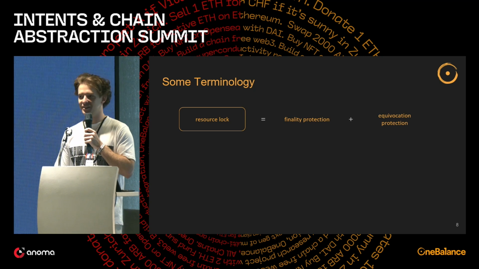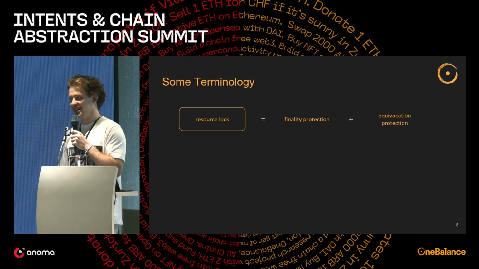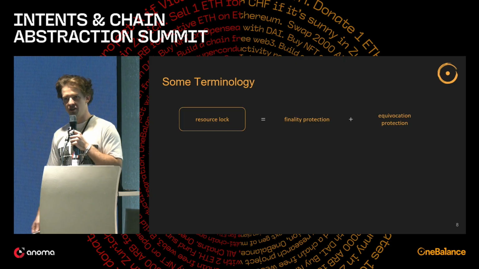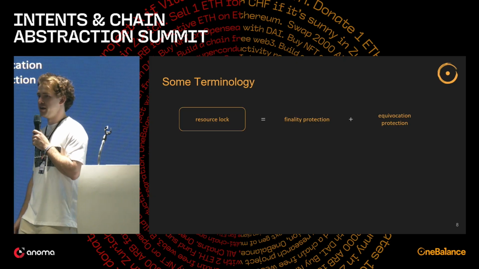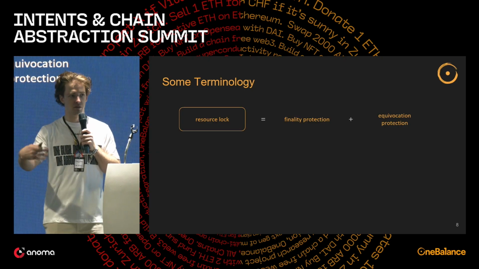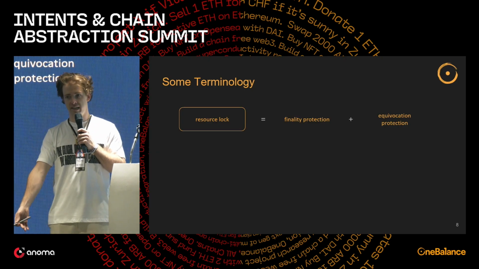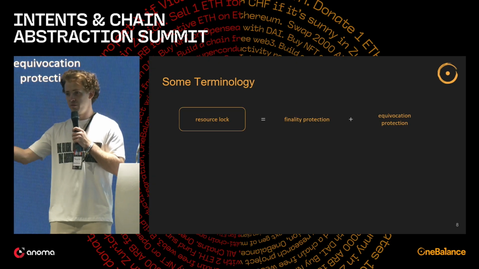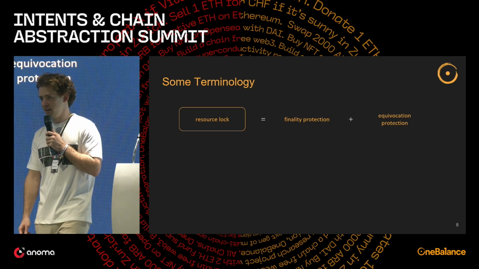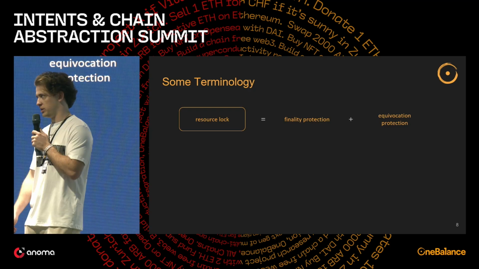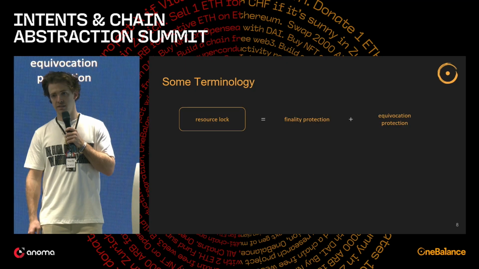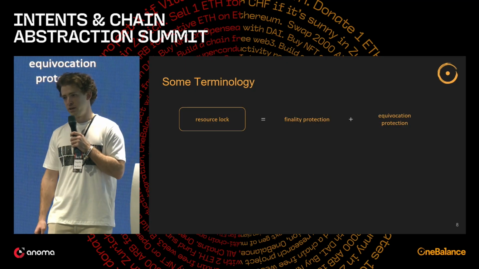Okay, so the definition of resource lock. Super simple. I think a resource lock is just a guarantee over state. And the specific guarantee is that you have some level of confidence over the finality of this state, meaning it's not going to get reorged. What you see is what you get. It's going to be in the chain forever and never going to change. The other one is that there's equivocation protection, which is synonymous with double spend protection.